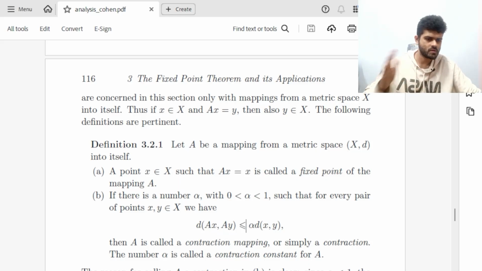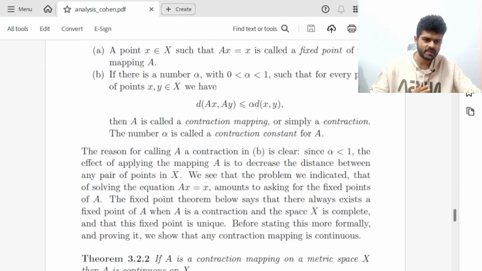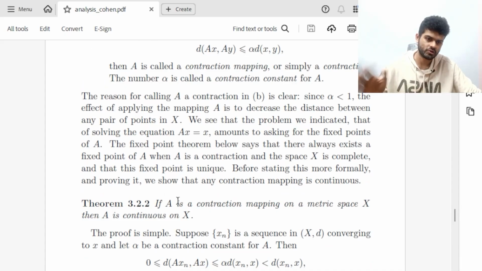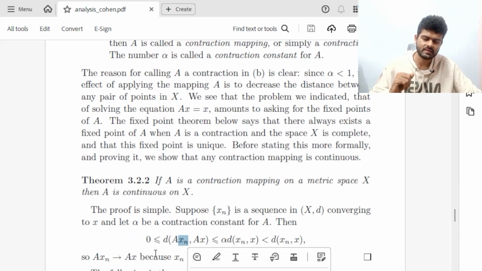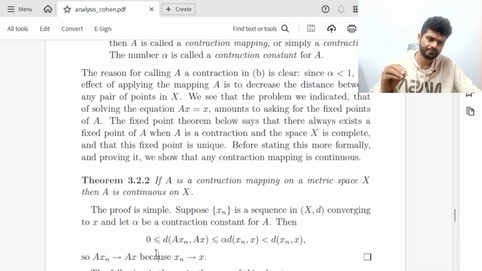Now, something about contraction mappings. Any contraction map is a continuous function on X. The proof is simple. Take any sequence xn and assume that it converges to a point x. Now you just need to show that Axn, the new sequence you get by applying A to every point of the original sequence xn, converges to Ax.